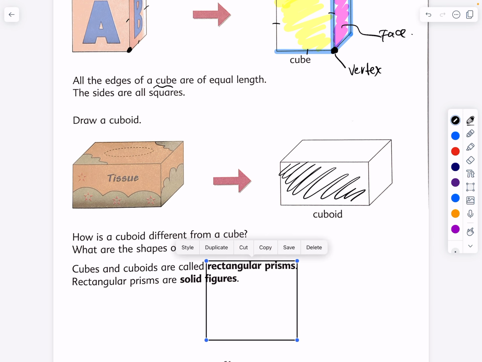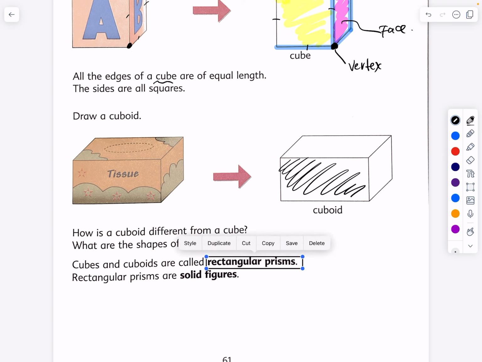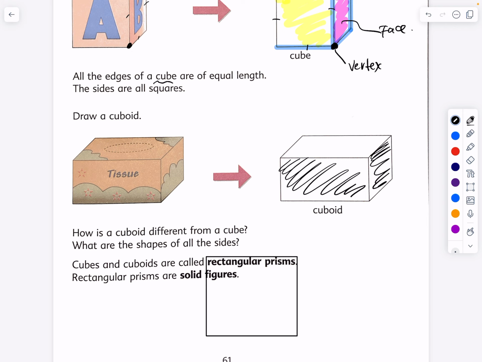Rectangular prisms are 3D shapes where faces are rectangles. By the way, there's 6. How is a cuboid different? Well, in a cube, every face is a square, and in a cuboid, every face is a rectangle. Some can be squares. Like, for example, this face will be a square. I say it's like a stick of butter. That's your perfect rectangular prism.